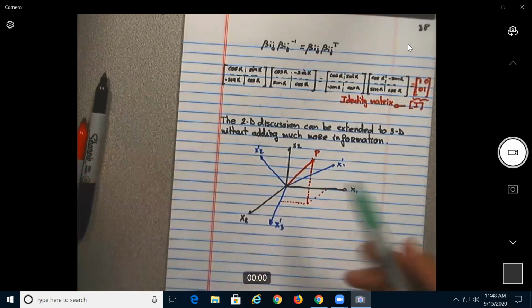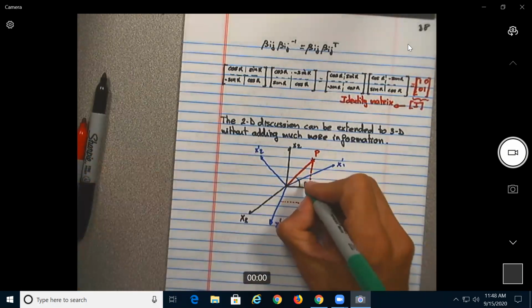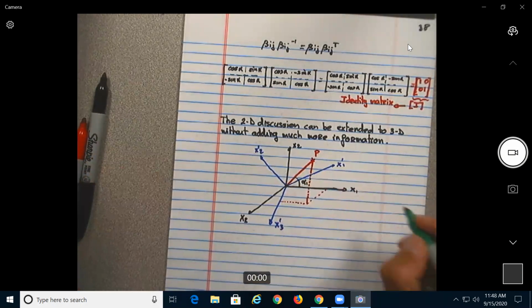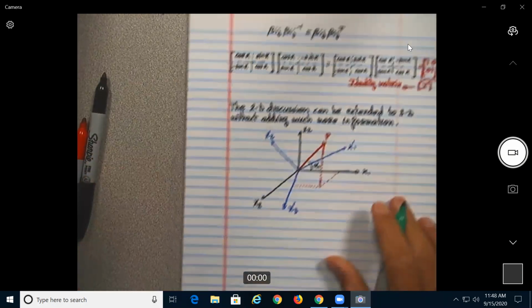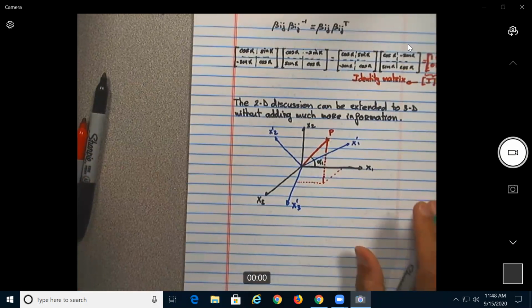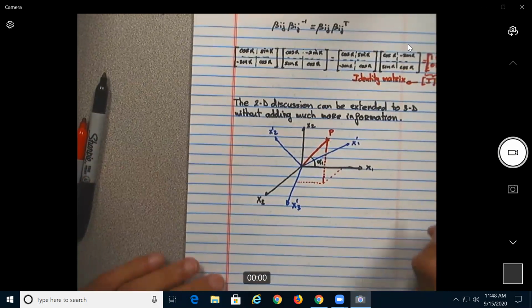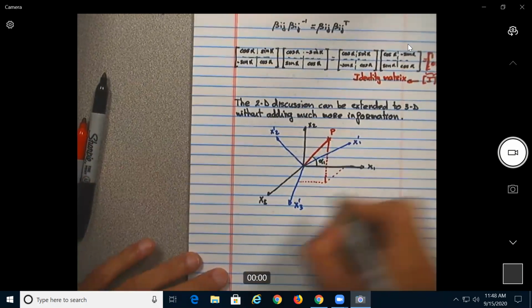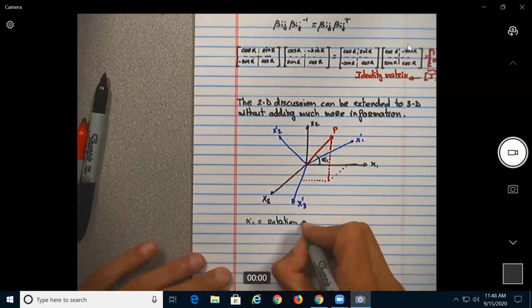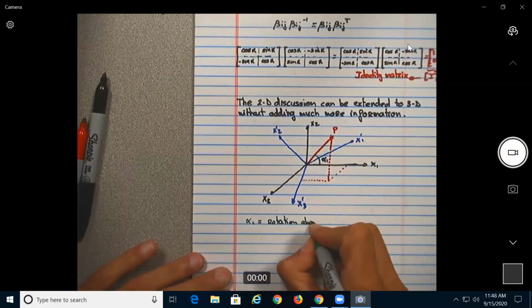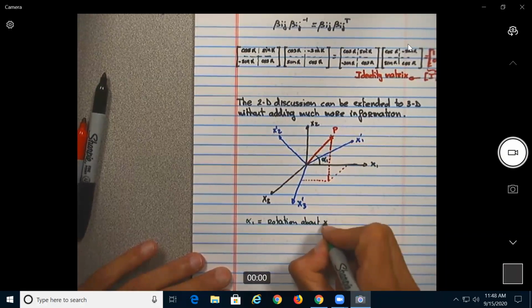Okay, so in that figure, this will be alpha 1. So alpha 1 is rotation about x1. Similarly, you have alpha 2, alpha 3.